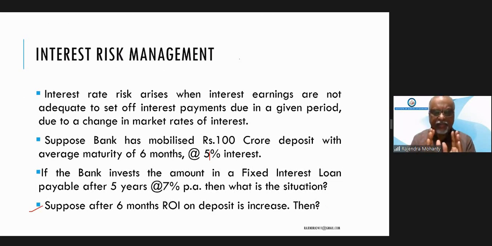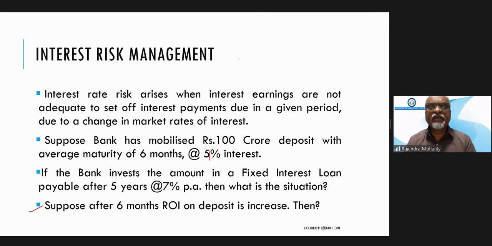So such type of thing you can assess, what is the position of liability or your cash outflow. So basically the liability position is that 100 crore deposit for 6 months with 5% interest is deployed in a term loan which has been given for a 5-year period with 7% interest rate.